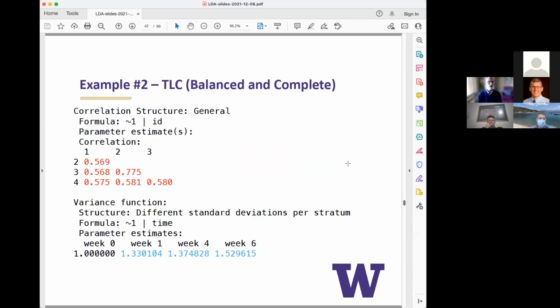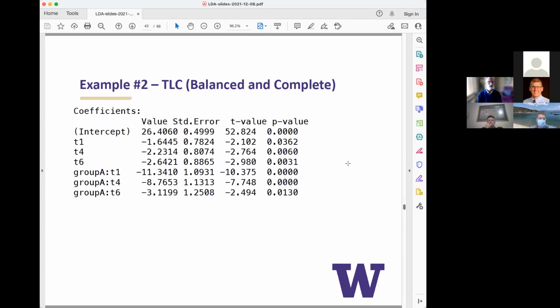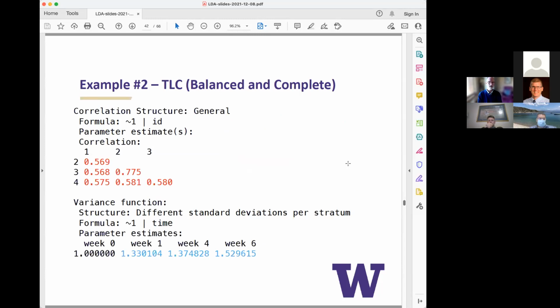Here's the basic one, which is to say our pre-specified analysis really would give a common correlation across the 4 follow-up times, give 4 separate variance parameters, or here it's a ratio, how much bigger does the variance grow from week 0, week 1, week 4, and week 6.